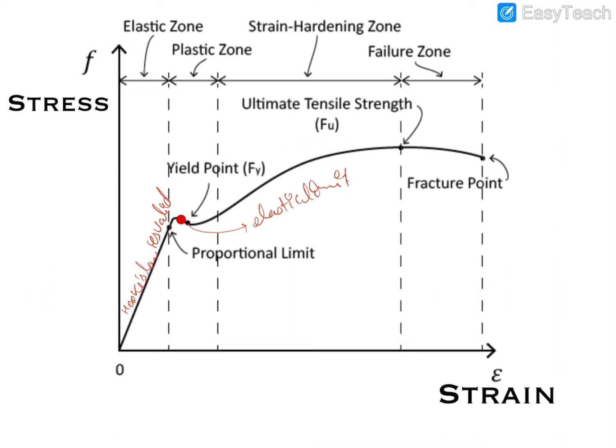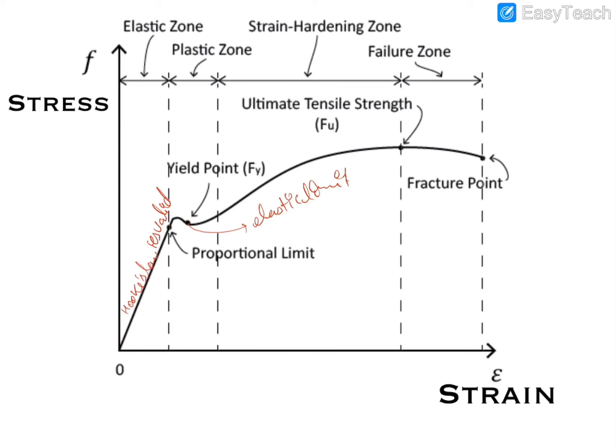In this zone the relationship is not linear, but the body is still elastic. So if we supply any energy to the body till this point, then that energy is completely recoverable, and the restoring force developed in that body is 100% conservative till this point.